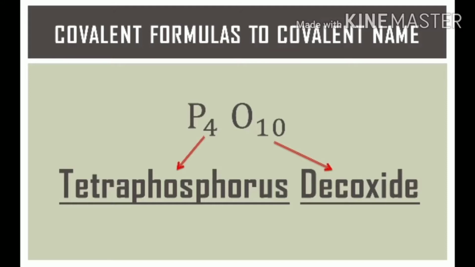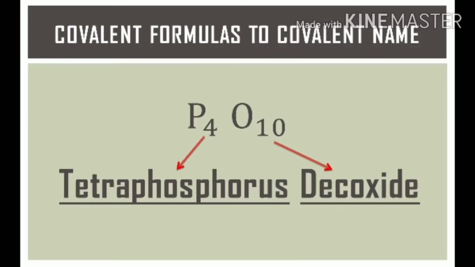For example, oxygen becomes oxide and not oxygen. The second example is chlorine, which becomes chloride and not chlorine. The third one, phosphorus, becomes phosphide and not phosphorus. So it's going to be decoxide.